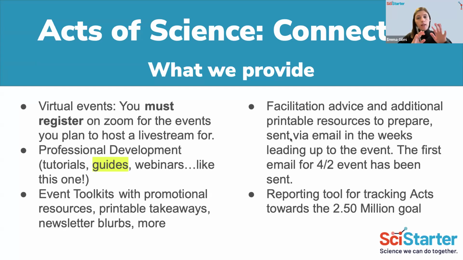So we are trying our best to give things out to you, but the key things there are that we need you to have registered on Zoom so we can contact you, and add your event to SciStarter as an event in our database. That will ensure that we send you everything we have to prepare you.